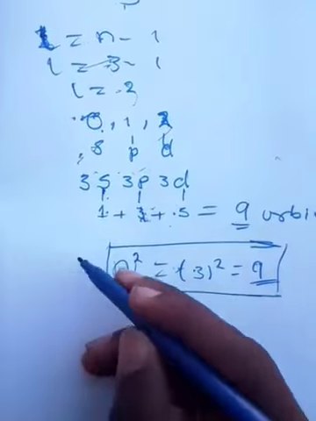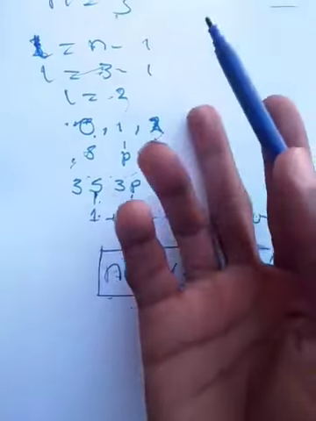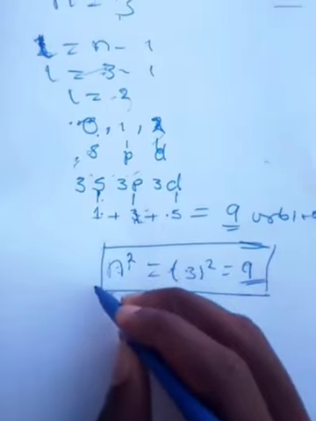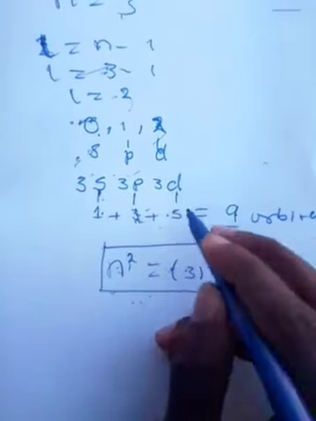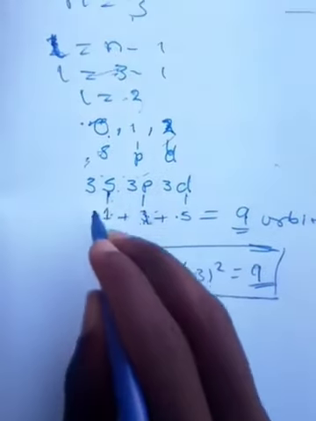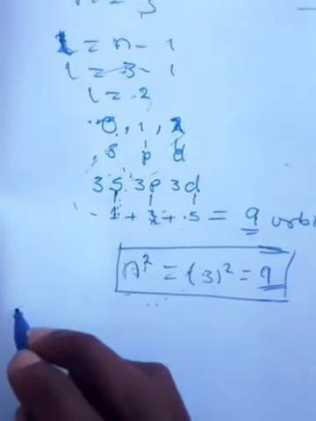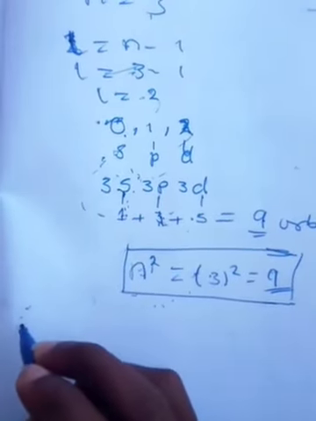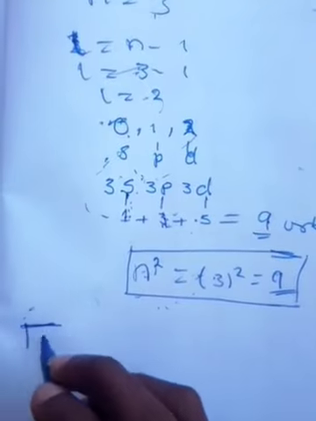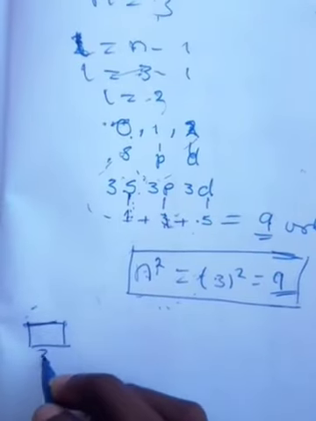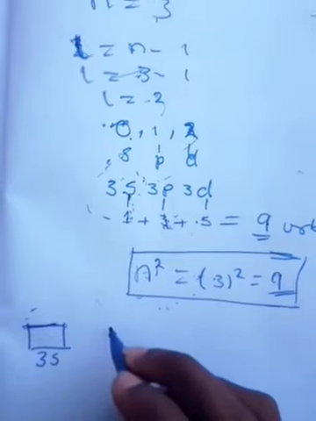So now let's find the electrons. Let me try to draw the orbital diagrams. Since this one has got 1, it's going to have 1 orbital diagram, right? So the orbital diagram for 3s is this one, 3s.